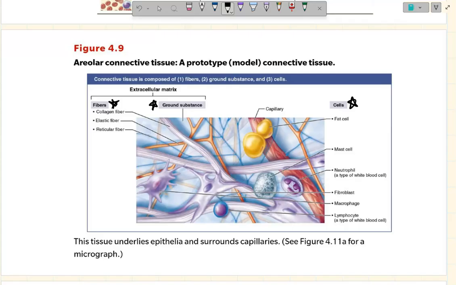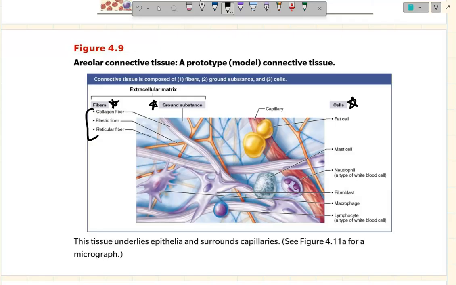And even though every type of connective tissue has these 3 components, areolar has like all of the possibilities of all of those components. So let's look at the fibers, for example. These are the possible fibers we see in connective tissue: collagen, elastic, and reticular. But there might be certain types of connective tissue that only have one of these, that have a really high concentration of reticular, for example, or maybe a really high concentration of collagen.